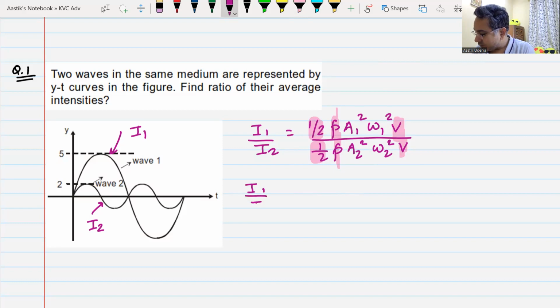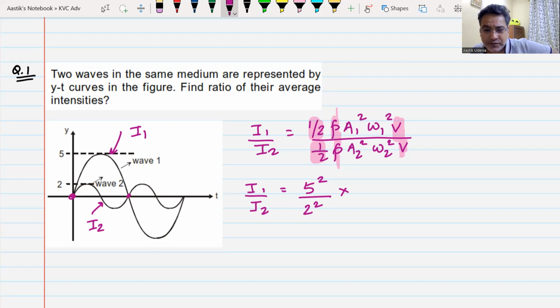So I1 by I2: amplitude of the first wave is 5, squared. Yes or no? Amplitude of the second wave is 2, squared, multiplied by the angular frequency. You can see the angular frequency of the first wave is half of the second wave.